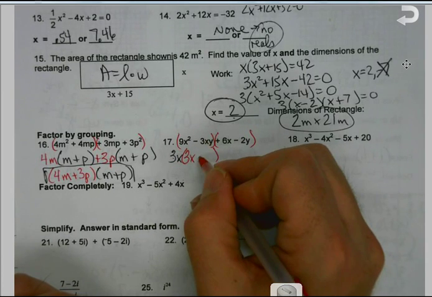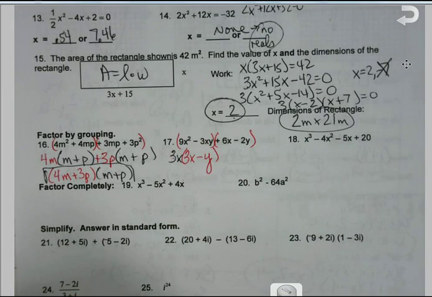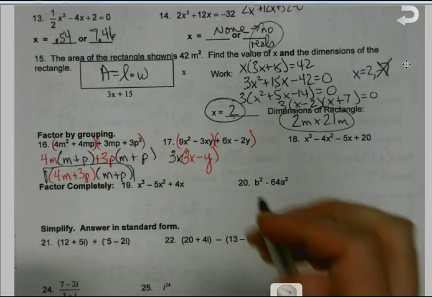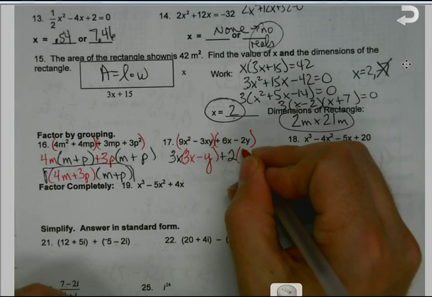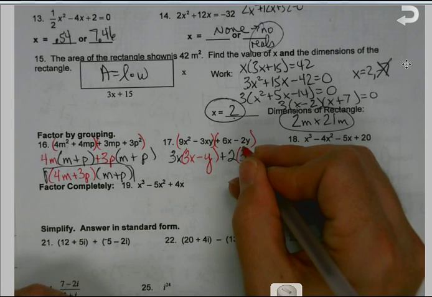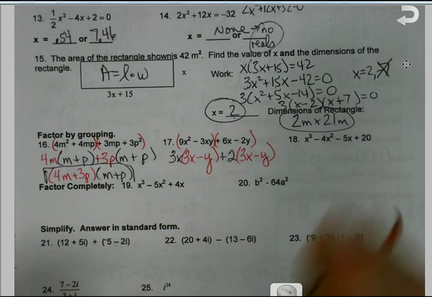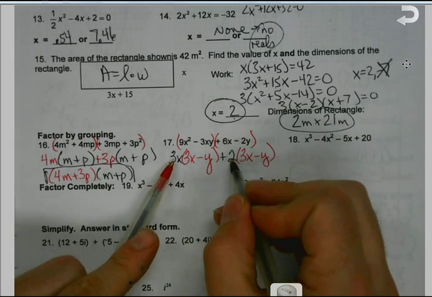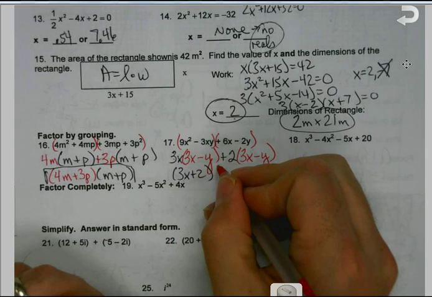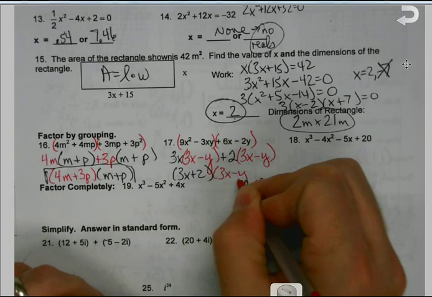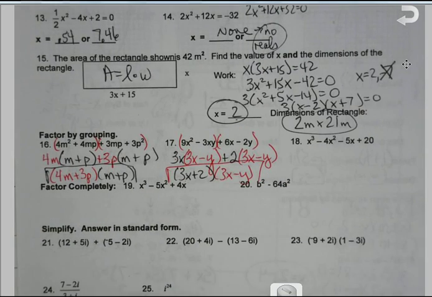I already got the 3 and the x here, so I just need a minus y. Here, all I can get out, it looks like, is a 2. 3x minus y. All right. Again, your factors are half of my solution. My other quantity is the other. And I'm set.